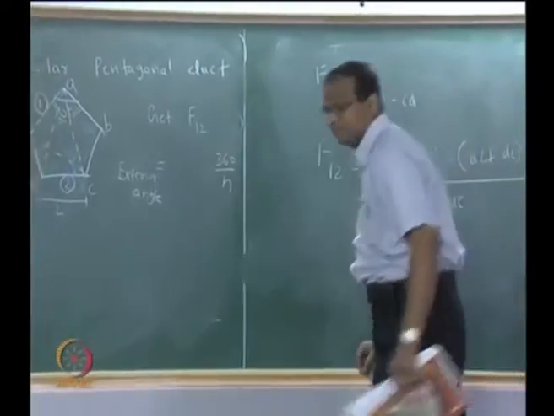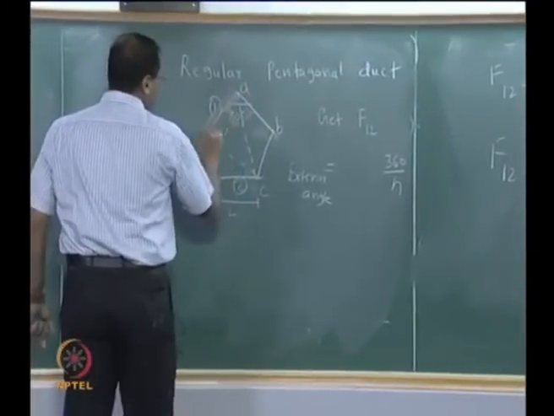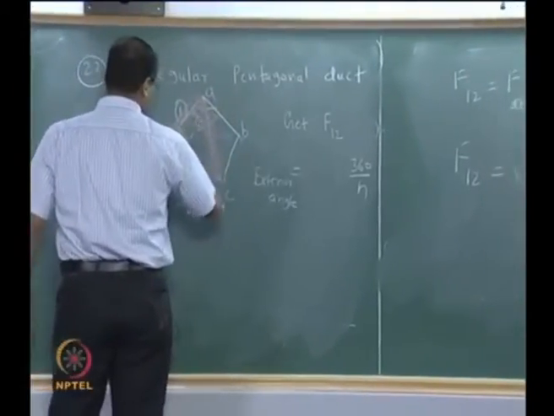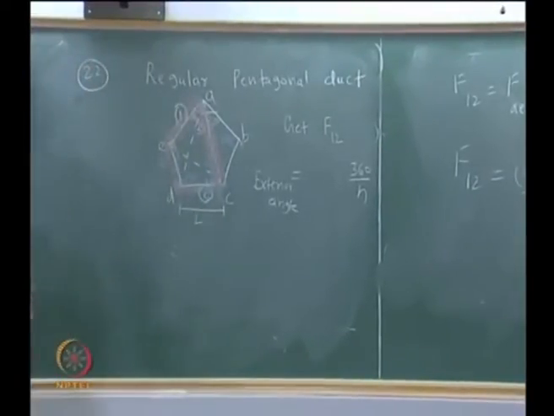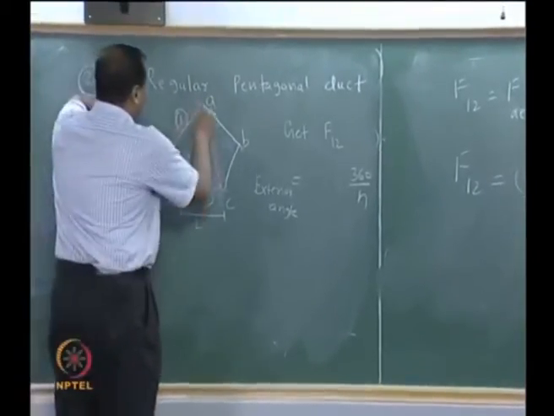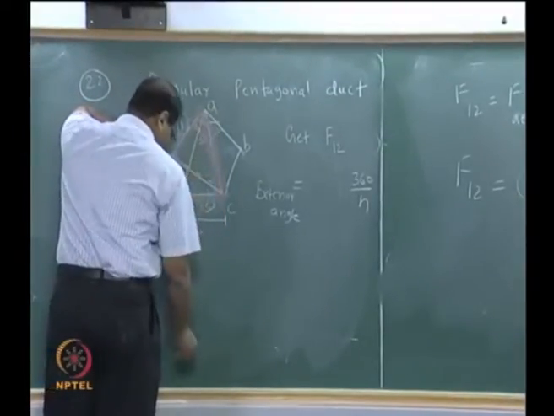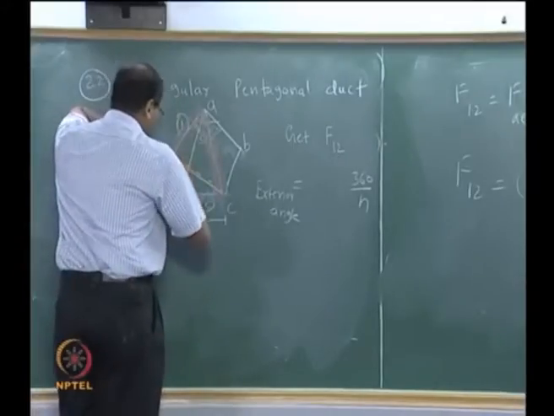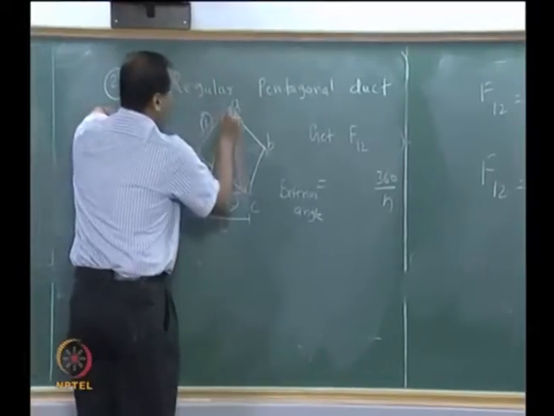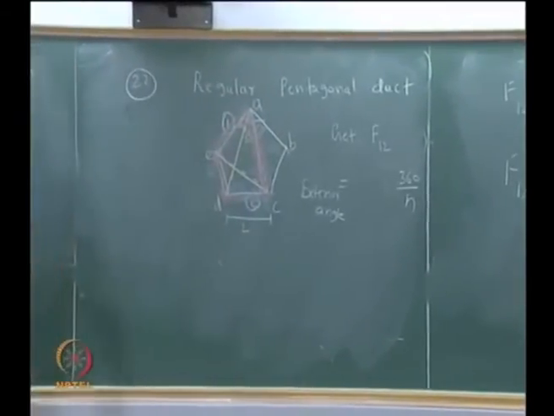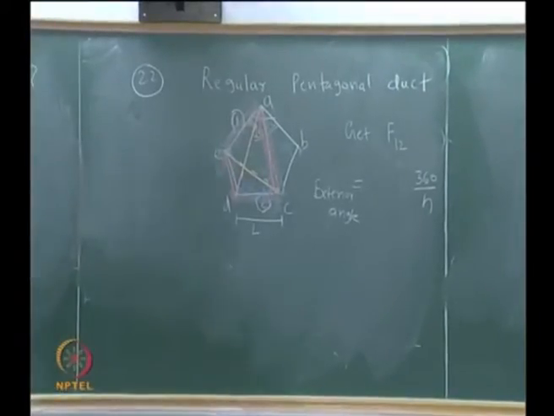What did I do? So F1 to 2 is sum of crossed strings minus sum of uncrossed strings divided by 2 times, okay. Now what are these values?